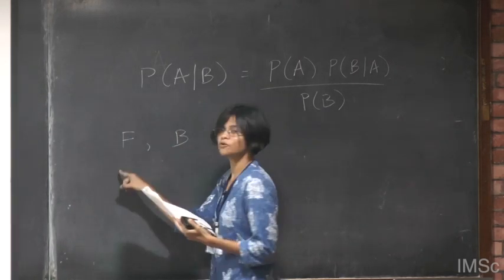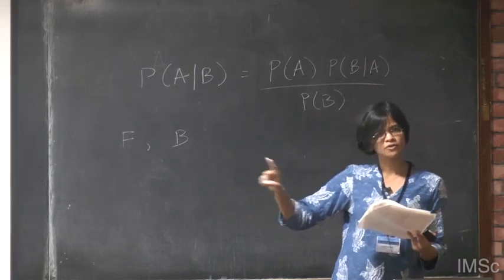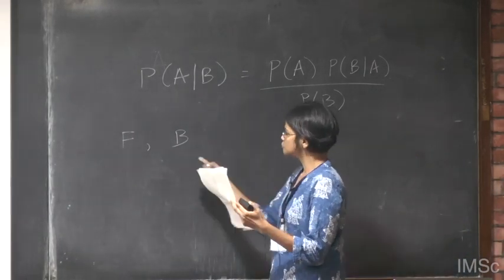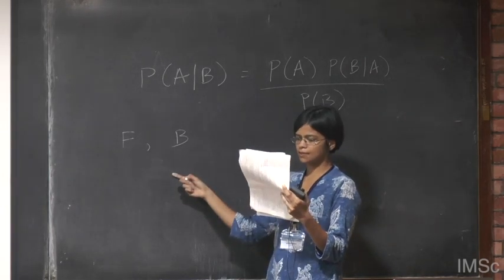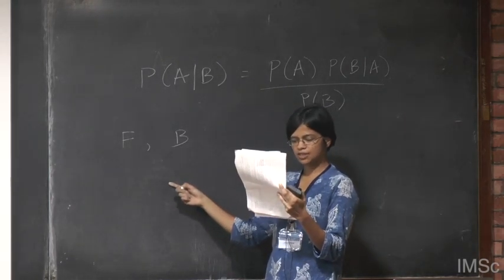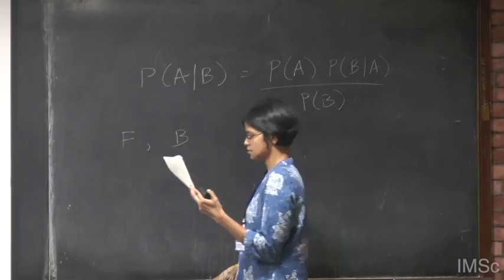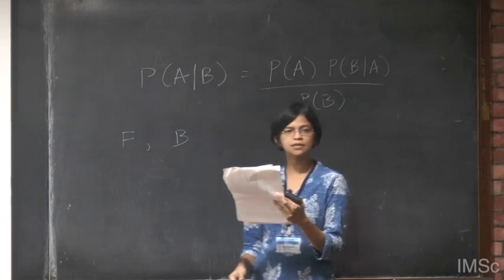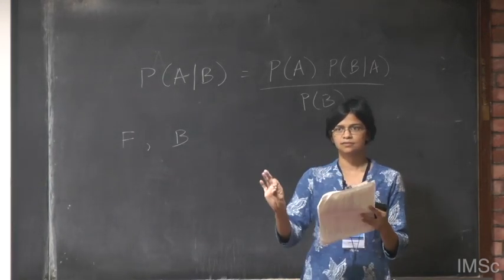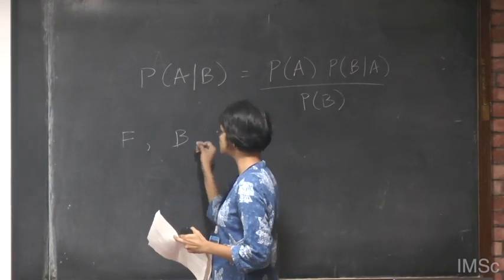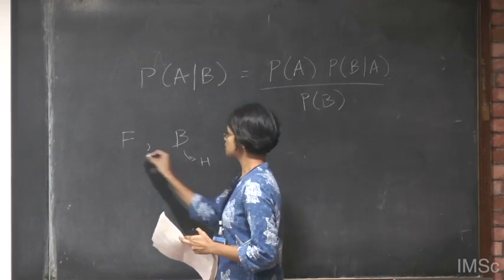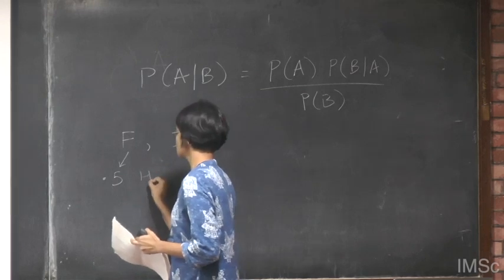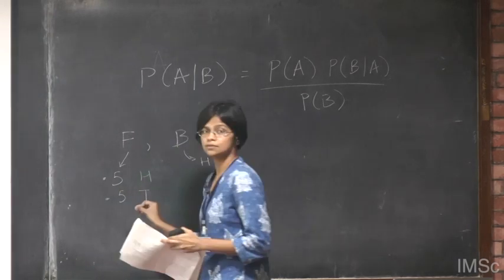Fair coin means a 50-50 chance of a head. You choose a coin, toss it twice, and you get heads both times. And I think the bias is that it is always heads. So the biased coin always gives you head. The fair coin gives 0.5 probability head and 0.5 probability tail.